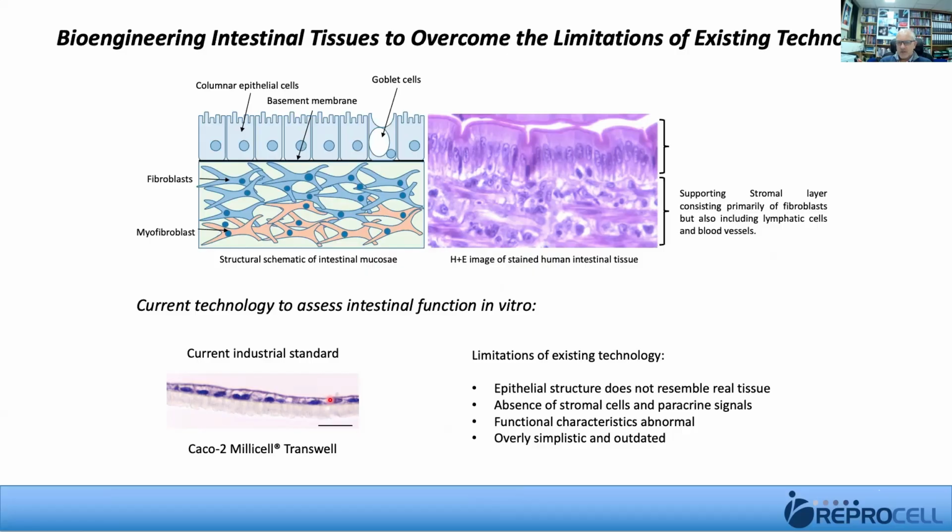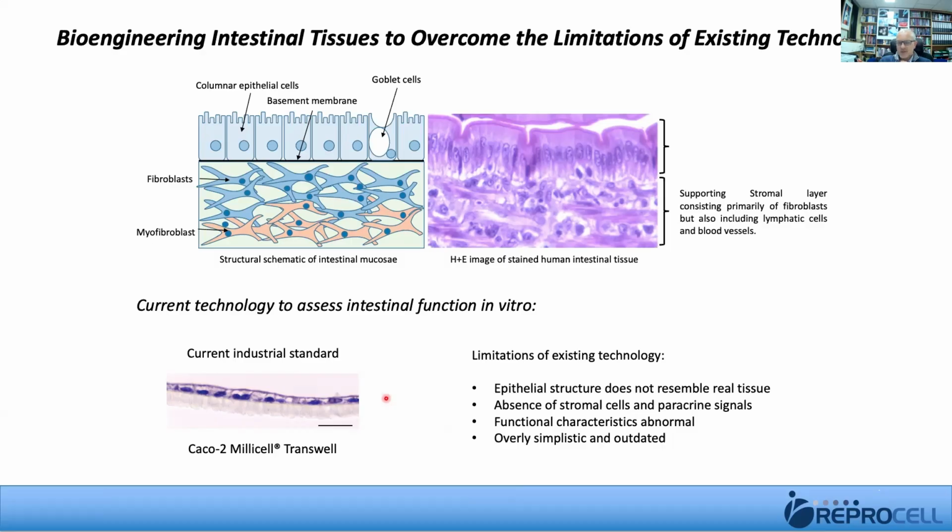The structure of this epithelium in this model does not bear resemblance to the structure of the epithelial cells in the real tissue. And there are other abnormalities with the existing technology. It's oversimplistic, but nonetheless it's used widely.